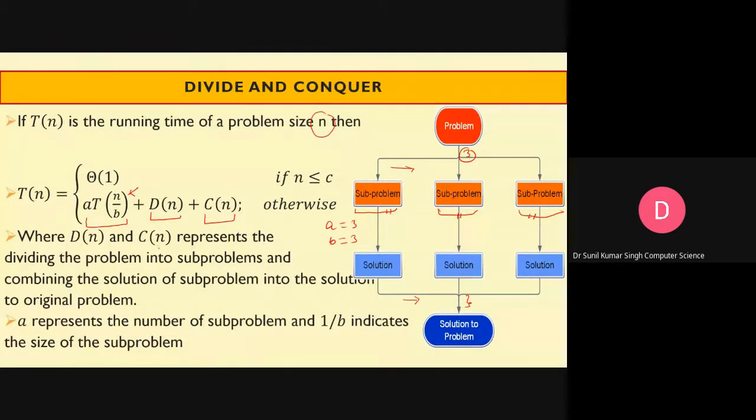And D(n) and C(n) indicate the division and combining cost. So when we have an array and it contains some number of elements, if we are going to divide it from the mid of this array, we do not have to do any complex computations.